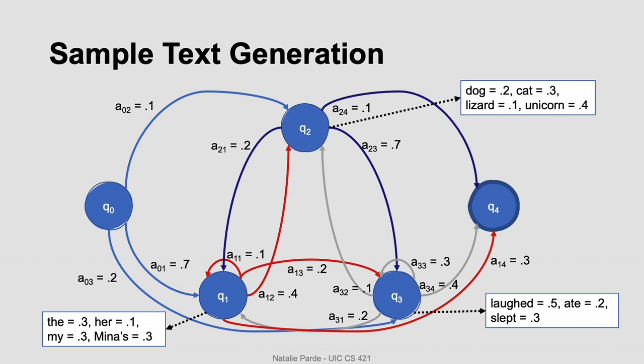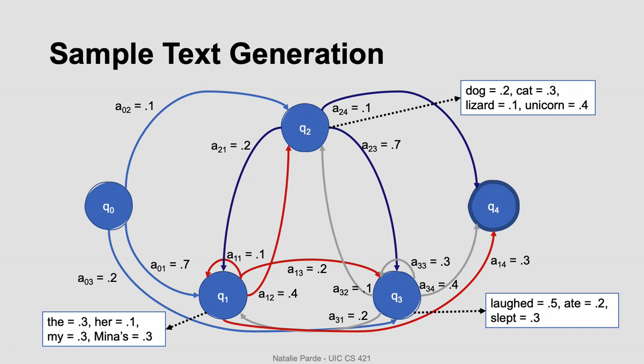There are several states that we can transition to from Q0, we can transition to Q1 with a probability of 0.7, Q2 with a probability of 0.1, and Q3 with a probability of 0.2. We select the next state randomly according to this distribution.